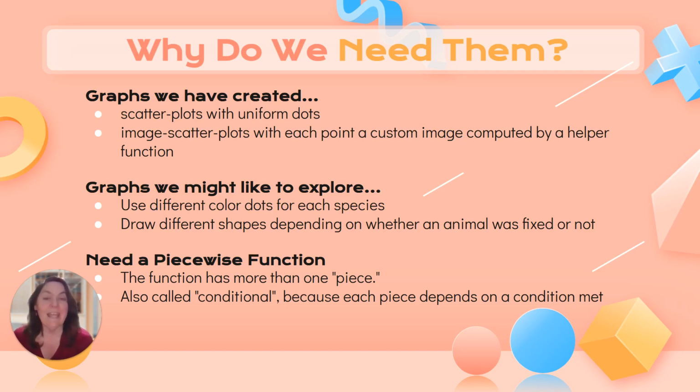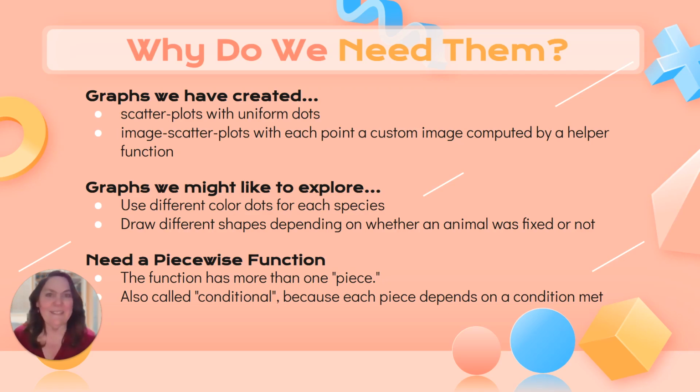We could put the species name, but maybe we want to explore something like, let's make the dots a different color for each species, or maybe we want to use a different shape, whether it's fixed or not fixed, and have squares and circles instead. So we need a piecewise function to do that.